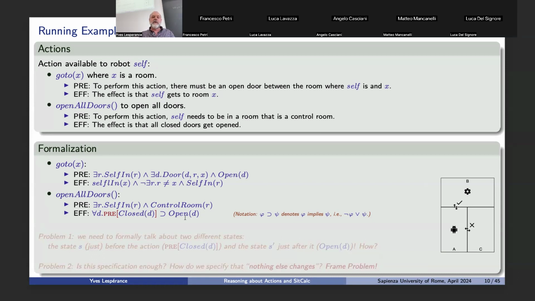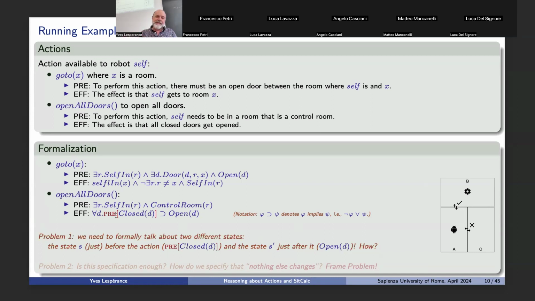Here we have a little bit of a problem. In the effect of open all doors, we have to talk about two different states: the state before the action and the state after the action. In the situation calculus, you can easily talk about those different states.